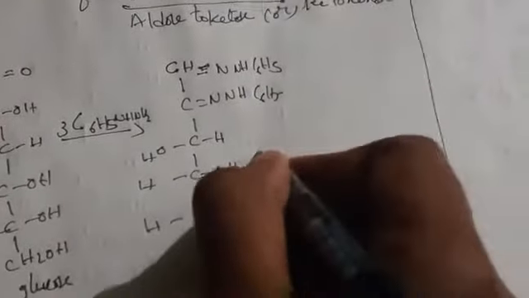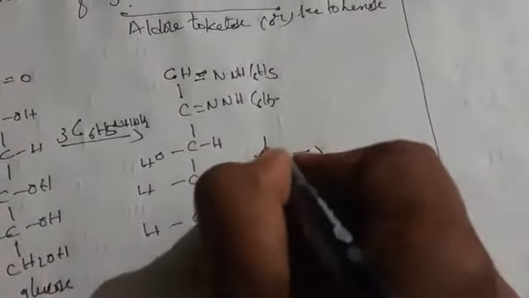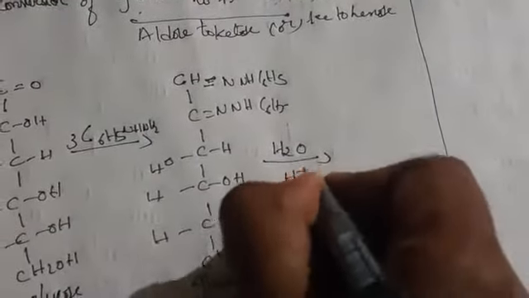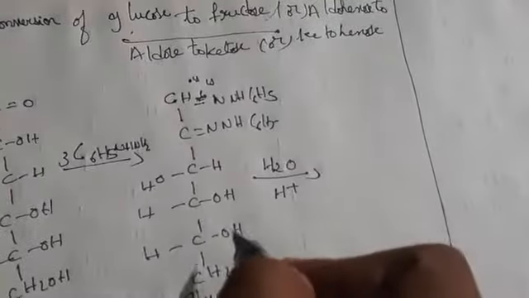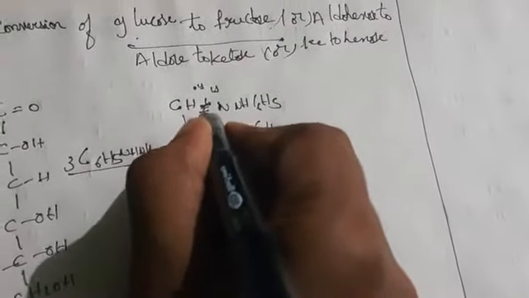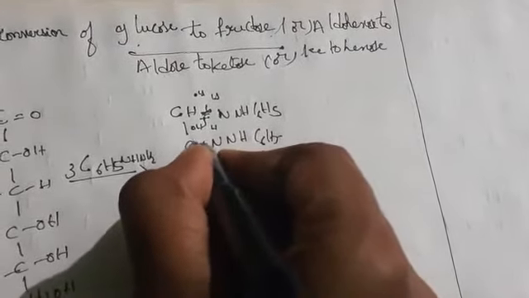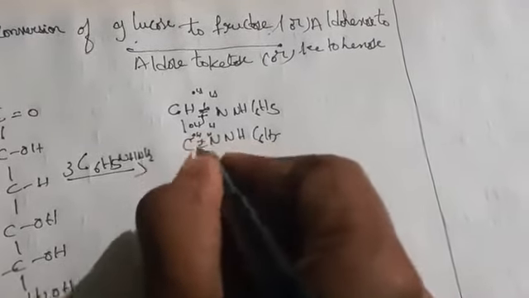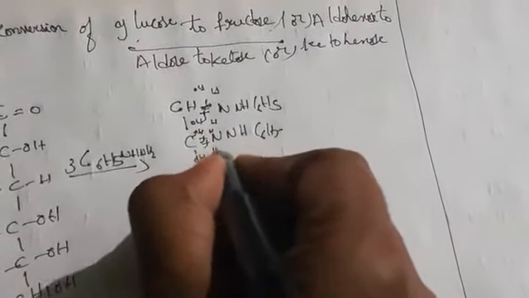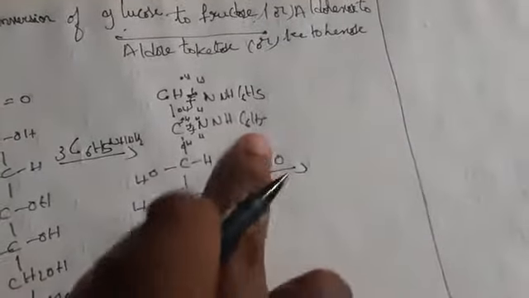When this molecule is treated with H2O in the presence of acid H+, what will happen? When you break these bonds, here OH, here H you are getting. Similarly, if you break this bond, here OH, H, and here OH, H. See, how many molecules am I adding in total? 4 molecules.